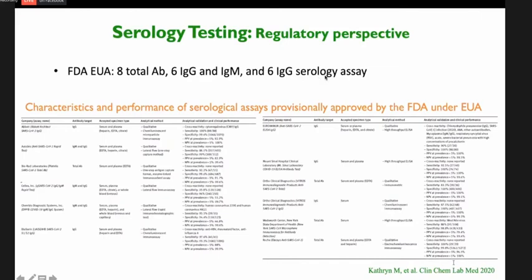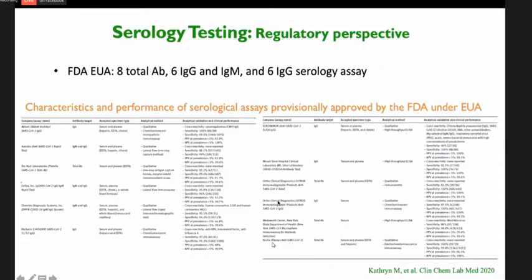So here I have presented a list of some of the assays that have received US FDA approval, like Abbott, BioRad, DiaSorin, Ortho Clinical Diagnostics, Roche, and so on.